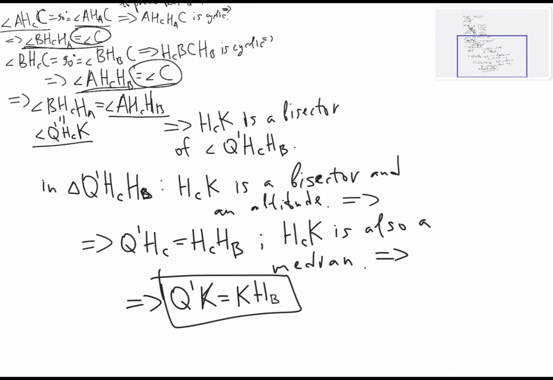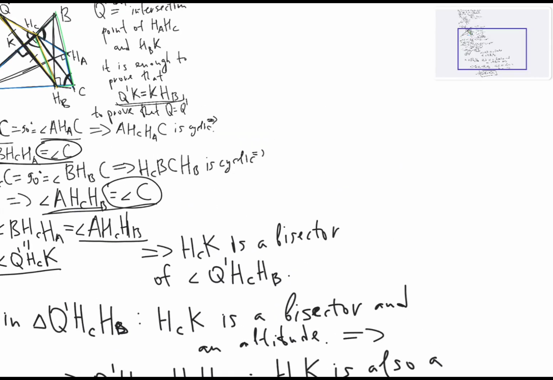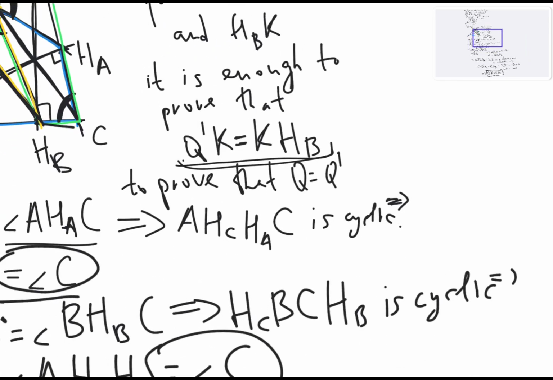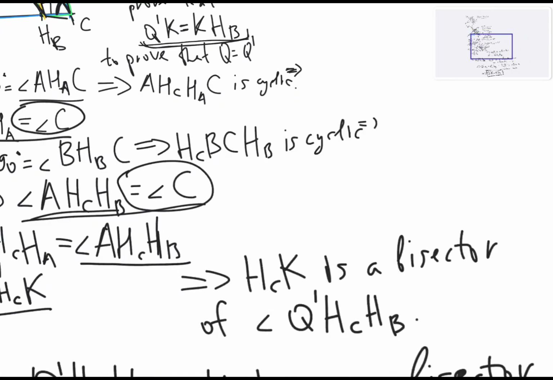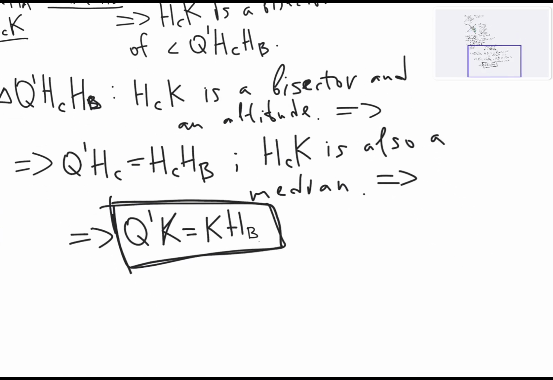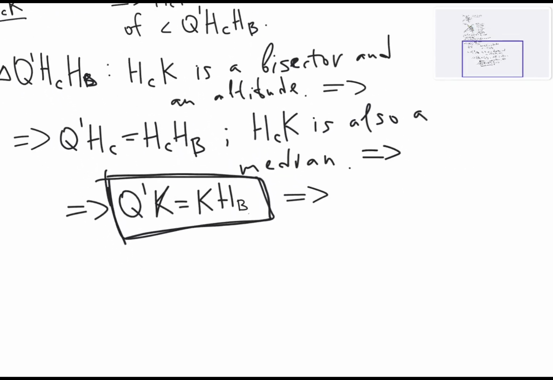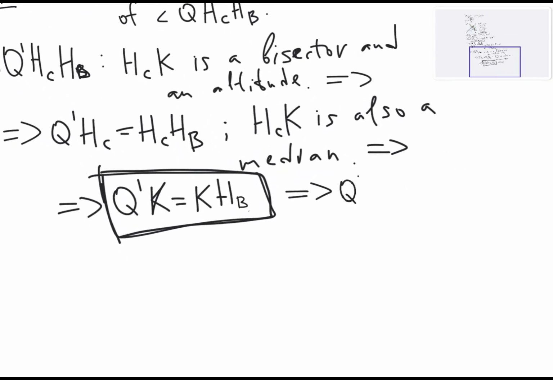So as already mentioned, this implies that Q prime is the reflection of HB with respect to the side AB. So this means that Q prime coincides with the original point Q.